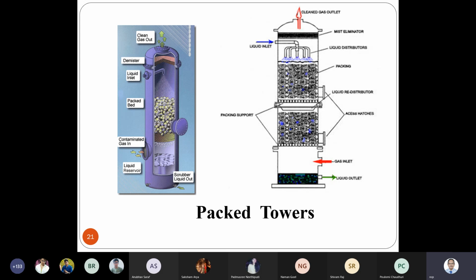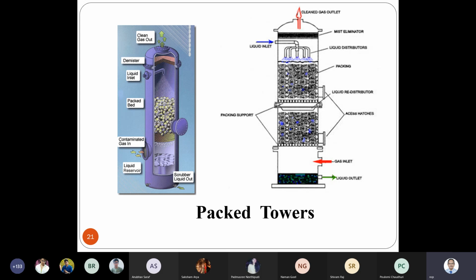So this is basically the packing restrainer. So packing starts from this point. So they are allowed to fall down at random. So there is no particular arrangement of this packing material inside, right? So that's why these are called randomly packed towers.